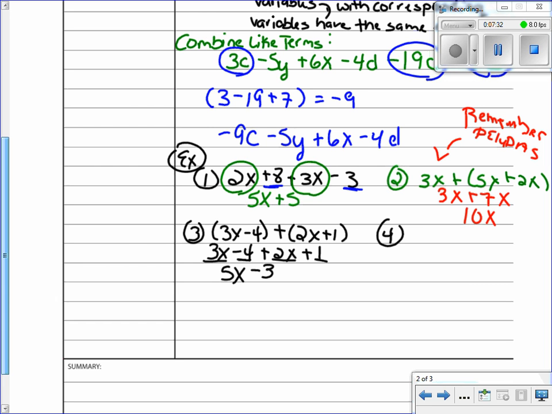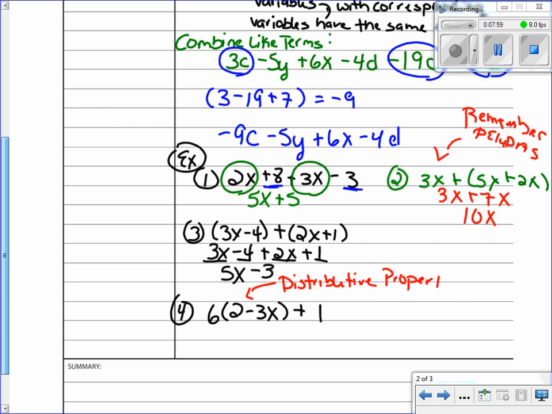Last example, I'm just going to move it down a little bit actually. Maybe I'll do it under here for you. 6 times the quantity of 2 minus 3x plus 1. Don't forget, we need to use the distributive property here. You'll notice in math, everything comes back around.